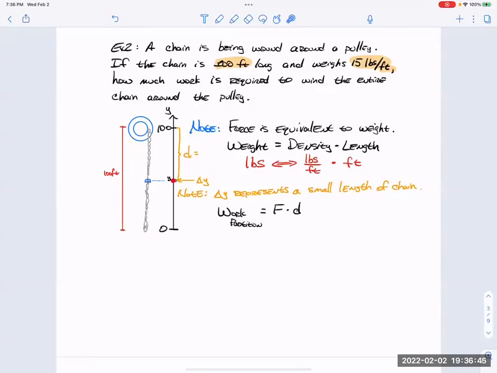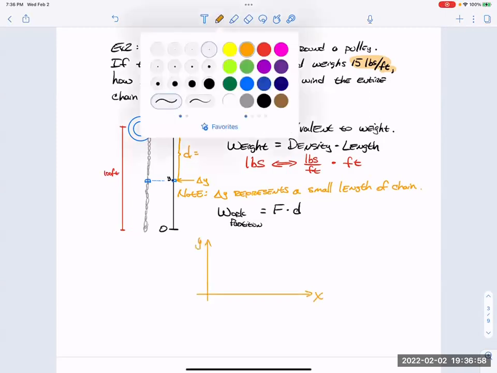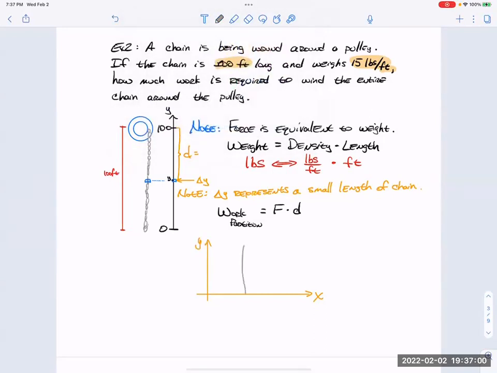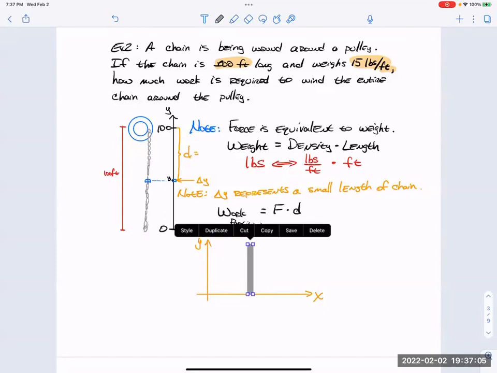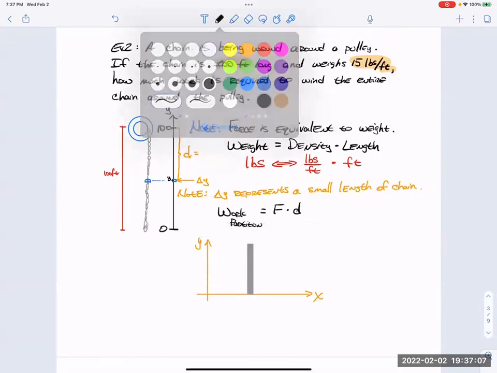But where is this arbitrary piece located? Remember when we had an x-axis? So let me just remind you, when we had an x-axis like this, right? And a y-axis, and we drew an arbitrary partition here, like this, what was the location of that arbitrary partition? Remember, we said it was just what? We made it an arbitrary what?